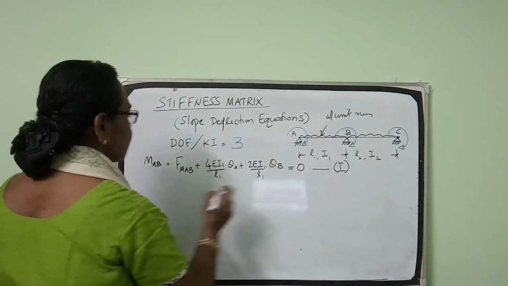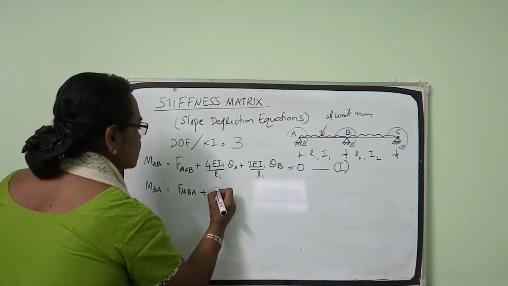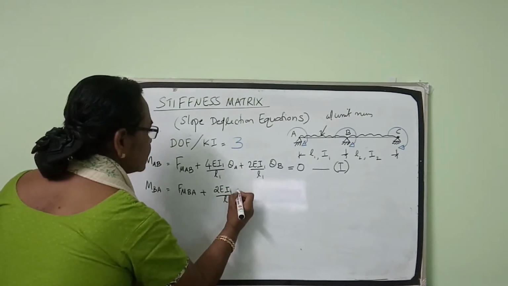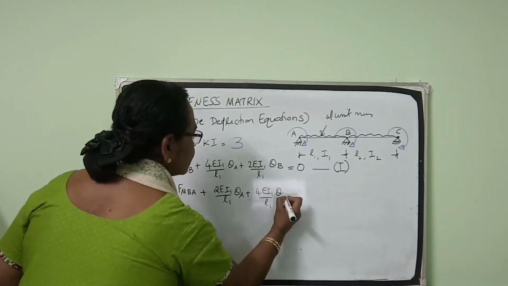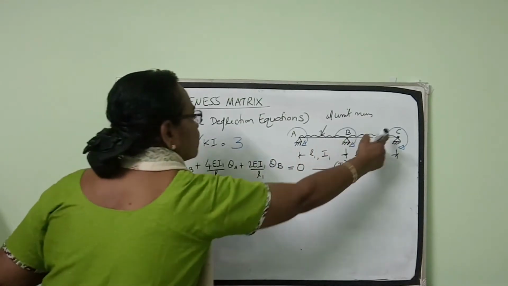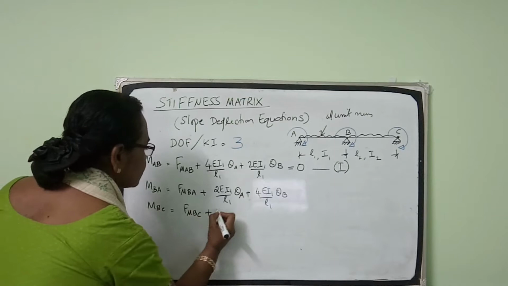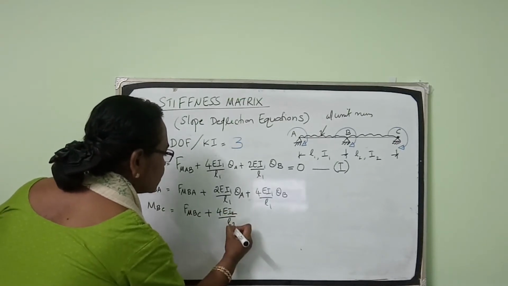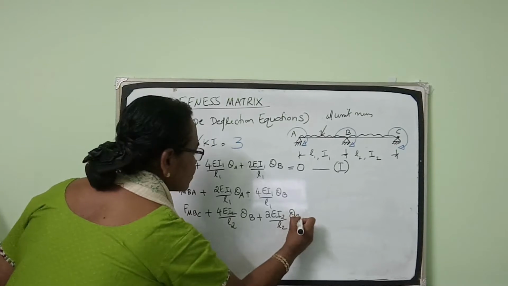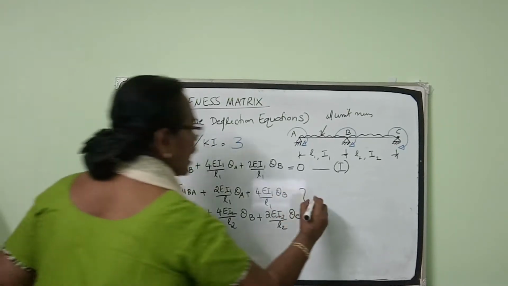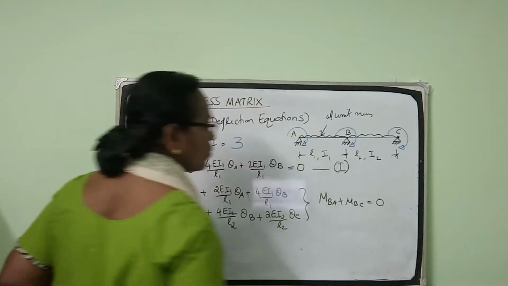Next, coming to this joint B, you write MBA is equal to FMBA plus 2EI1 by L1 theta A plus 4EI1 by L1 theta B. Now coming to span BC, MBC is equal to FMBC plus 4EI2 by L2 theta B plus 2EI2 by L2 theta C. Now combining these two, we have the equilibrium of this joint: MBA plus MBC should be equal to 0.